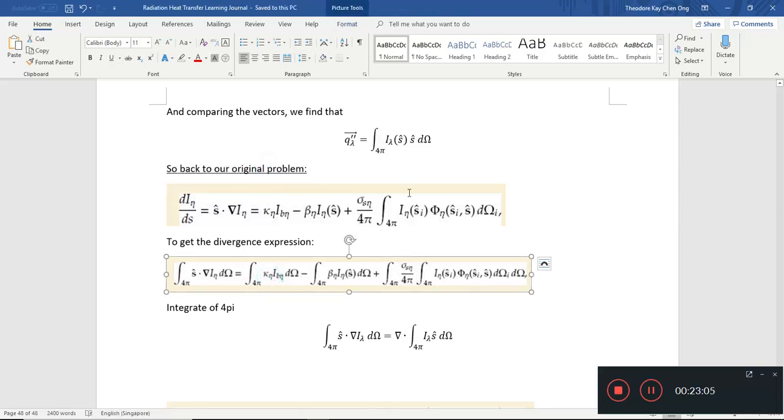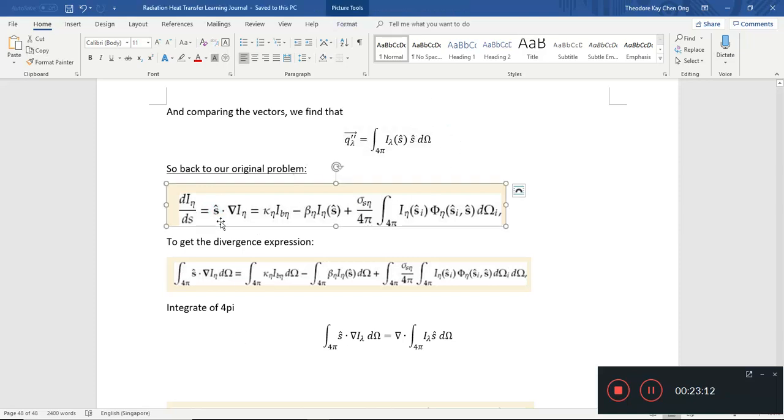Okay, so now that we have differentiated the scalar and vector heat fluxes, we go back to our original problem. So we have this s hat dot the divergence of heat flux.